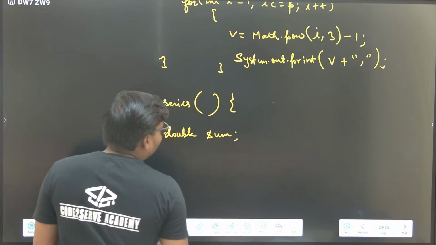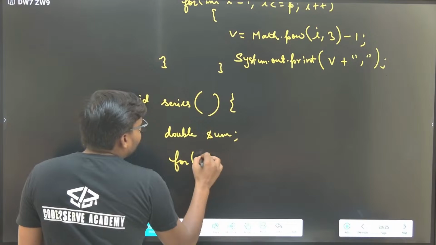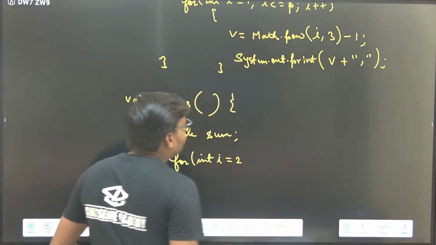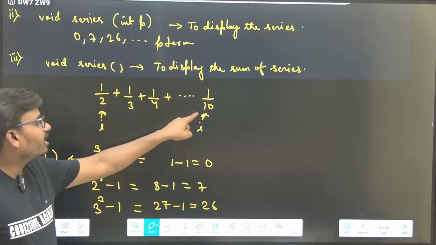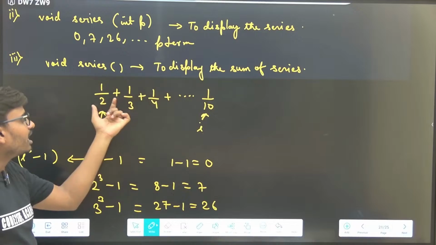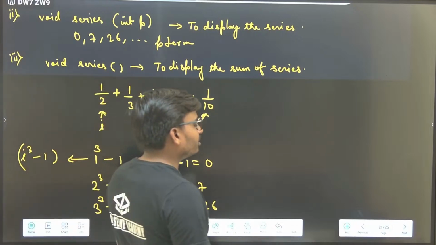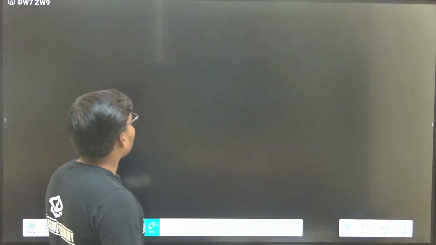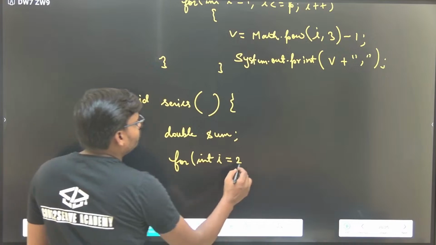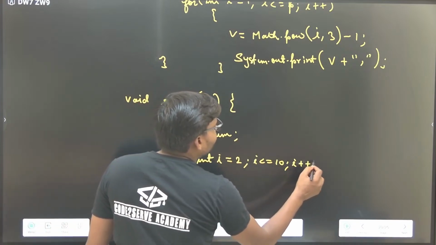Okay. Now next, you have to apply a loop for int I equals 2, since it was starting from 2 and it was ending at 10. Whenever you see a pattern, then you have to apply a loop, and then based on the changing value of I, you have to apply the logic. So here you see I equals 2, I less than equal to 10, I plus plus.